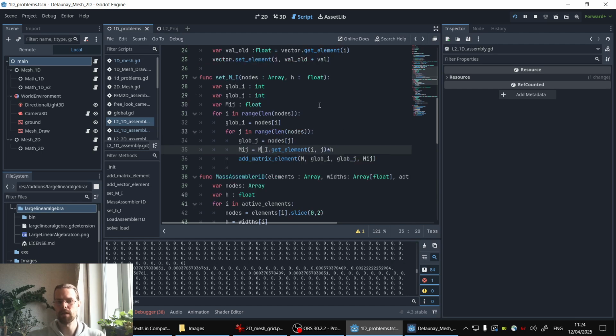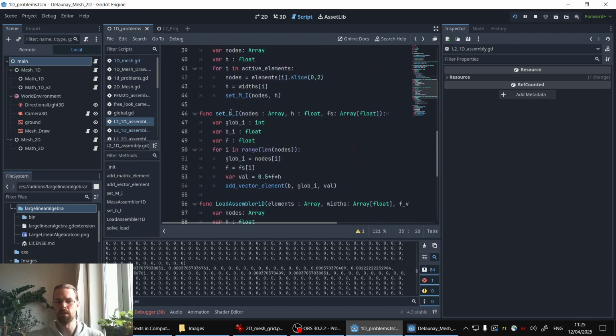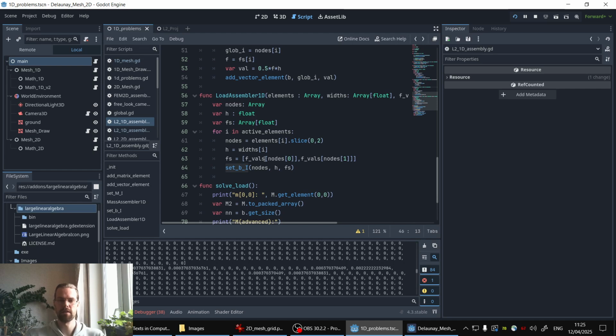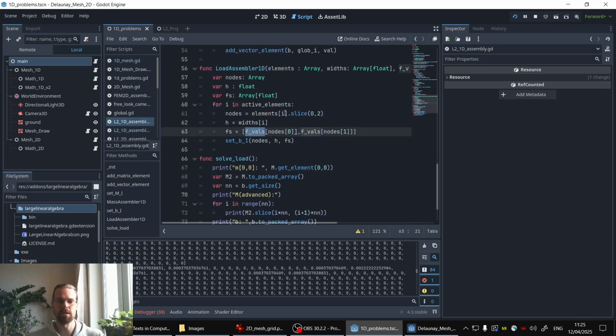It is exactly what happens. It's the same with B, the load vector, except here we also have to supply values at nodes. That's why we needed to gather them. We could have evaluated them, it doesn't matter, it's just easier that way.